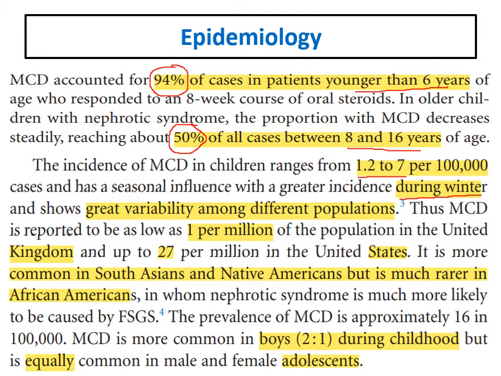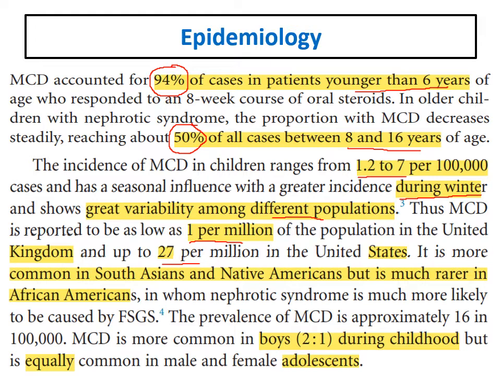There is variability among different populations. Like in the United Kingdom, the incidence is low, nearly 1 per million, while it is high in the United States, nearly 27 per million.